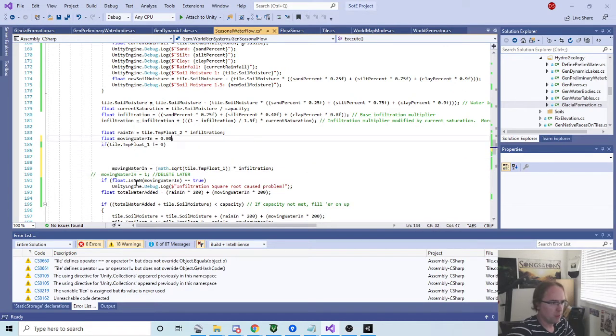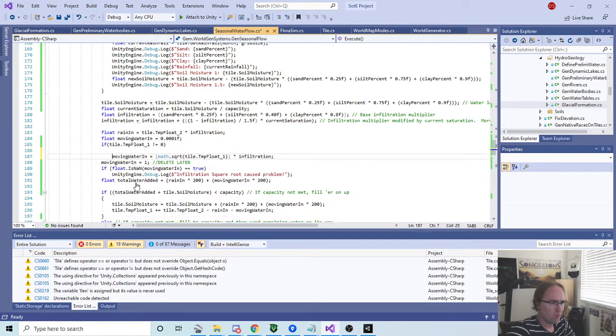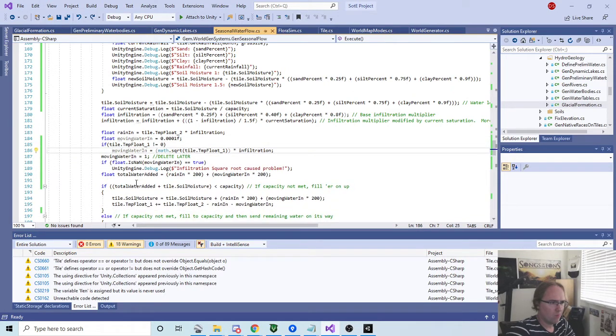Set U to 0. This is what's weird though, because if temp float was 0, it should have excluded this calculation from even being made to begin with.